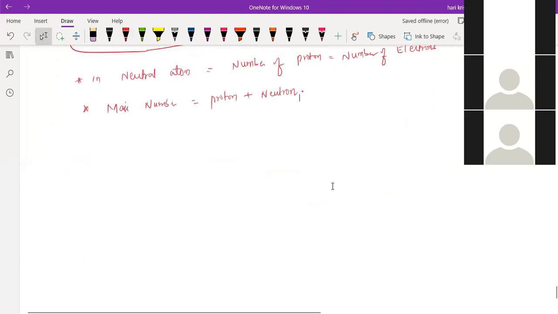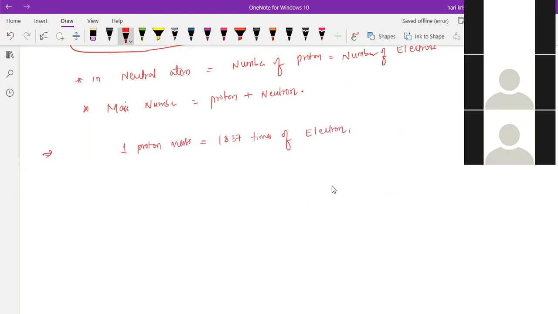Very good. The mass of an electron is very, very small compared to the mass of a proton. One proton's mass is equal to 1837 times the mass of an electron, which means if you combine 1837 electrons together, that equals the mass of one proton.